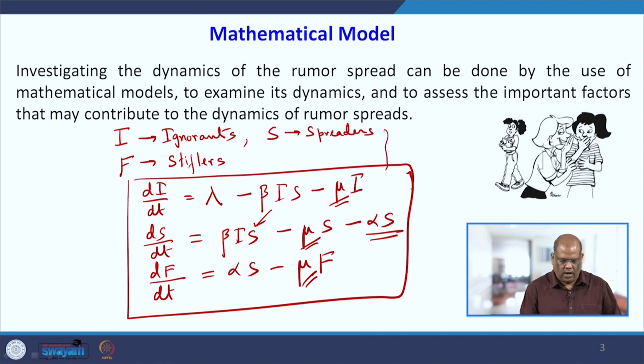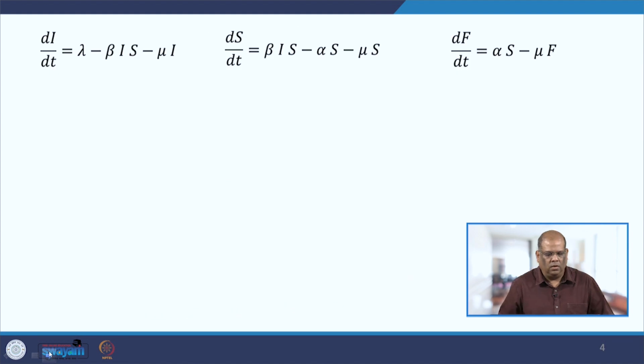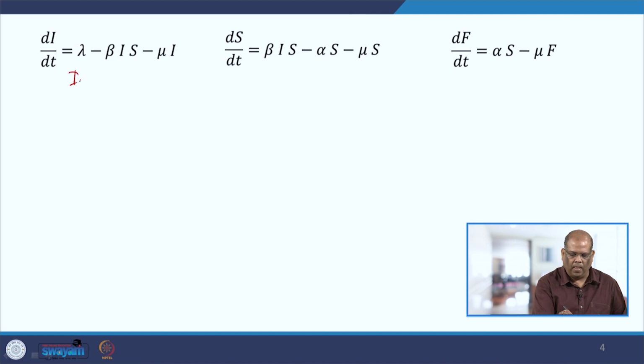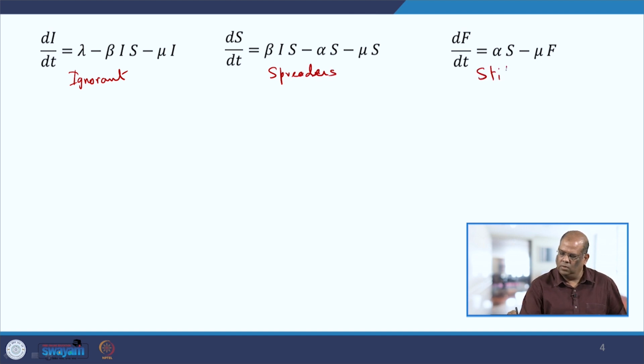Let us now get into the analysis of the model. As explained before, this is the ignorant, this is the spreaders, and this is the stiflers.